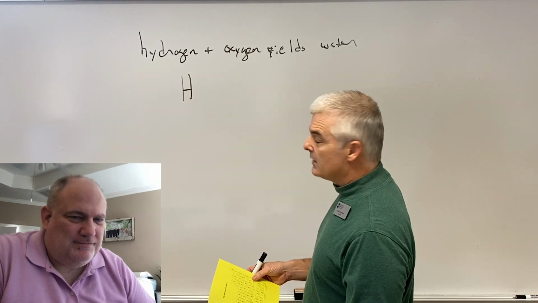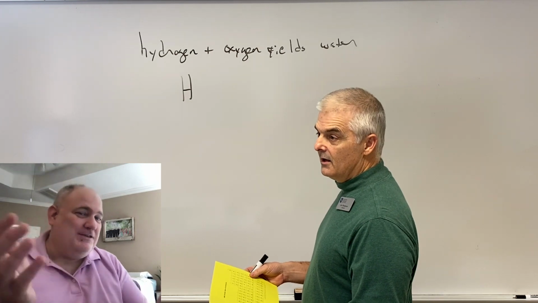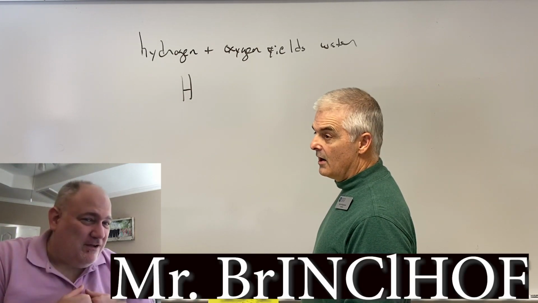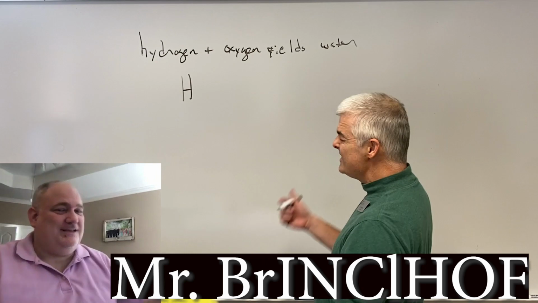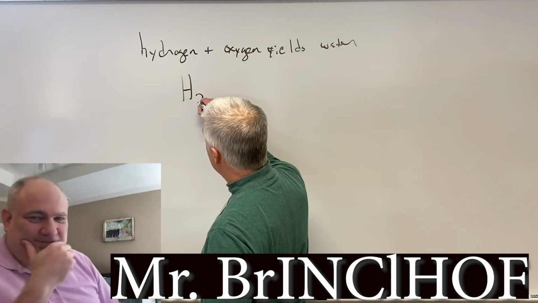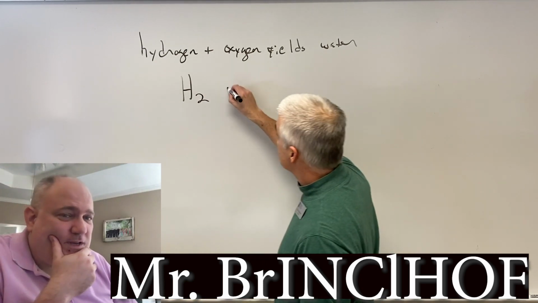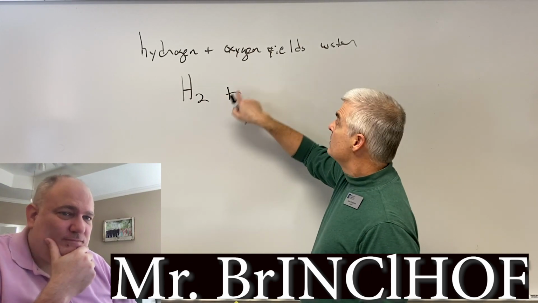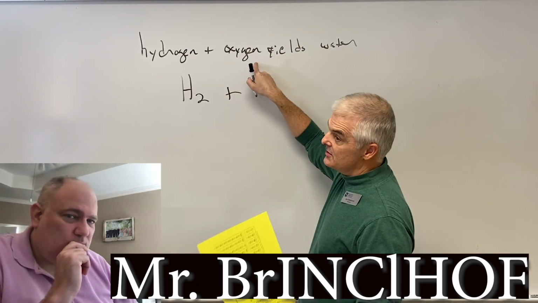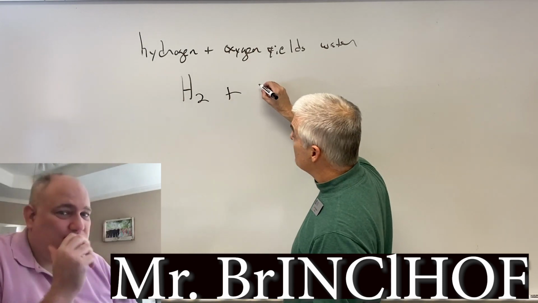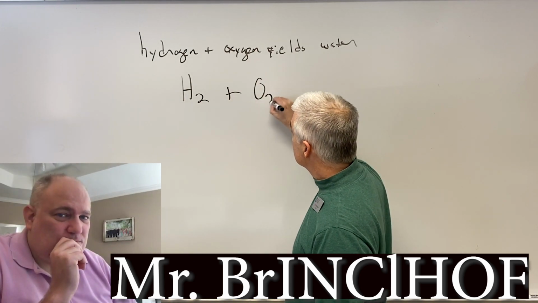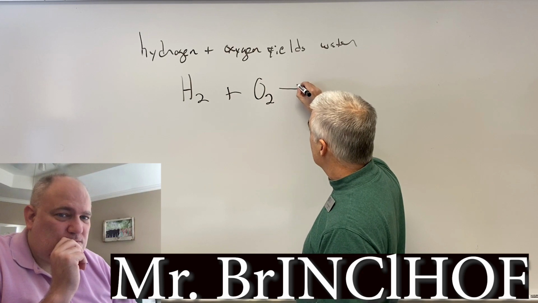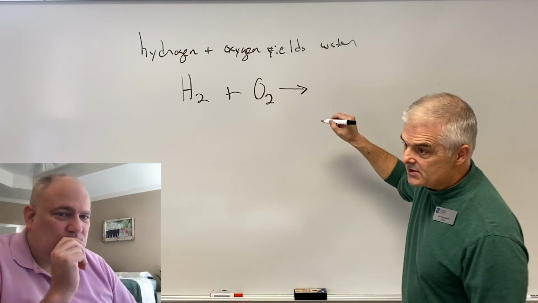You forgot the fact that it's Brinkelhoff. Hoff! There's certain elements. It's the H in the Hoff. I don't write it by itself, H. It's H2. Always, I say H2 when it's by itself. Plus, now plus means I'm adding it to, so simple, right? Plus oxygen. Oh wait, oxygen's the O in Brinkelhoff, so I don't write O, I write O2, and then we write an arrow, and then we write the symbol for water.